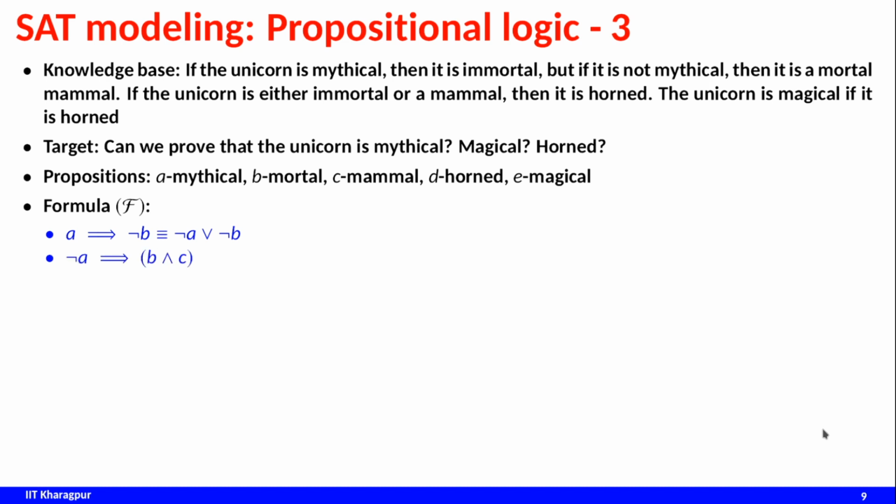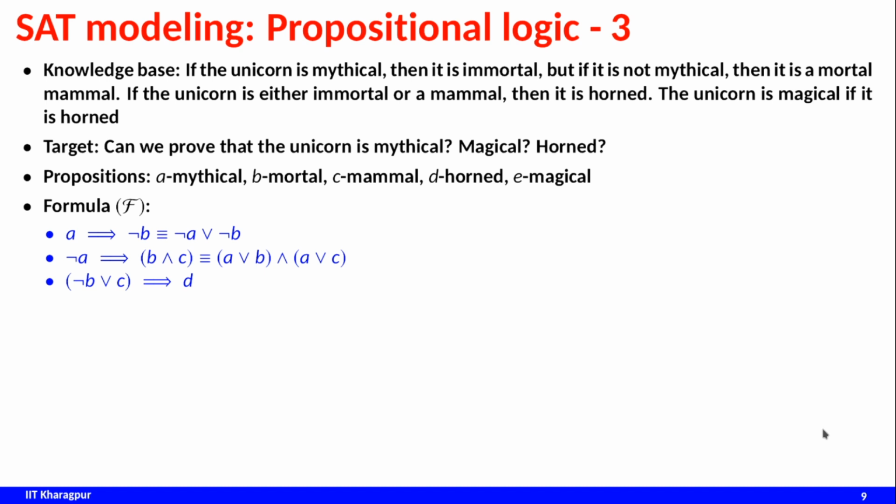Now the second is, if it is not mythical, then it is a mortal mammal. So that means not A implies B and C, mortal as well as mammal. Then we can convert it into a CNF form. Then we have, if the unicorn is immortal or mammal, then it is horned.